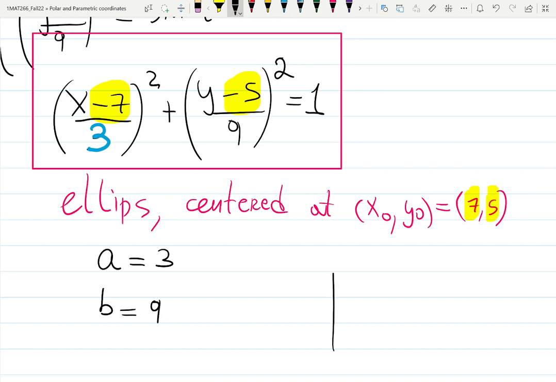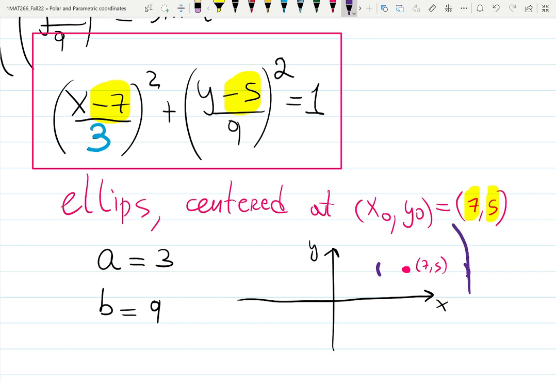So you can imagine it will look like this. Here's the x and y axis. Find the center 7 and 5: 7 to the right, 5 up. Now there's a 3 stretch on the x-axis, so it's going to be 7 minus 3 and 7 plus 3. And then 9 stretch up.